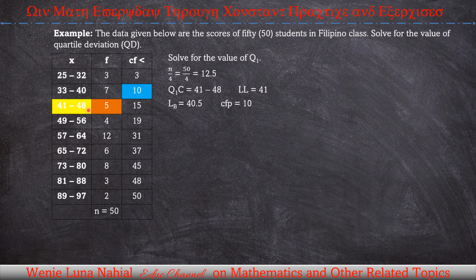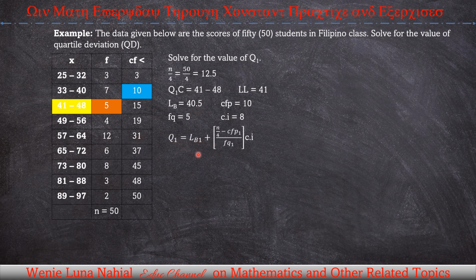So subtract that by 0.5. So it becomes 40.5. Then the cumulative frequency before the quartile class, so before 15, is 10. Then the frequency of the quartile class is 5. Then the class interval is 8.